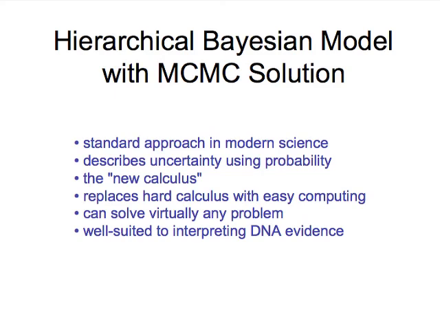By using computing and these methods to do all the hard integration, all the adding up and collecting of results to produce probability distributions just by counting, MCMC methods can solve virtually any problem, and they're particularly well suited to interpreting DNA evidence.